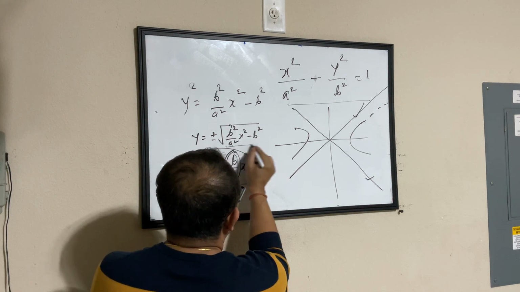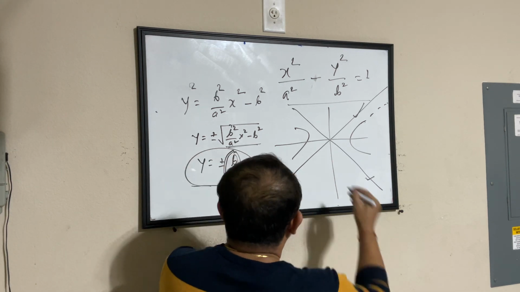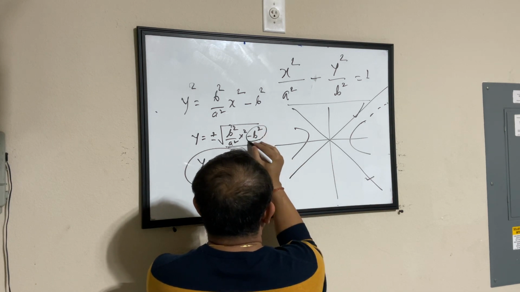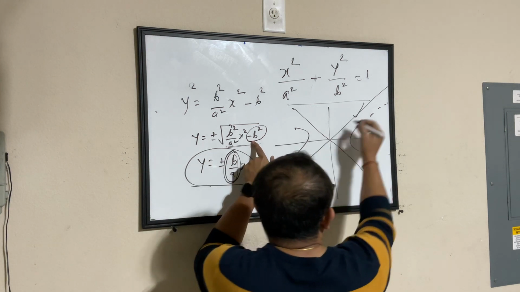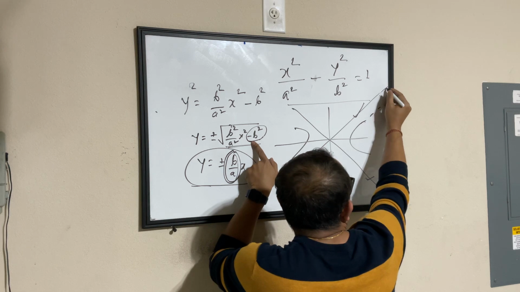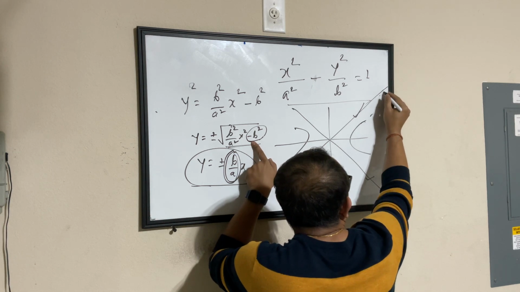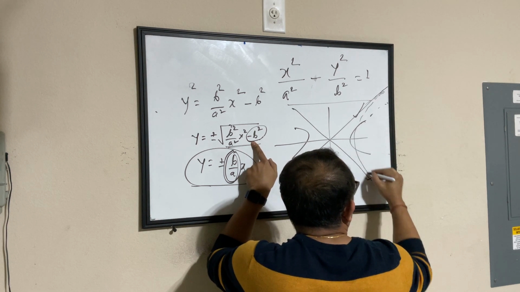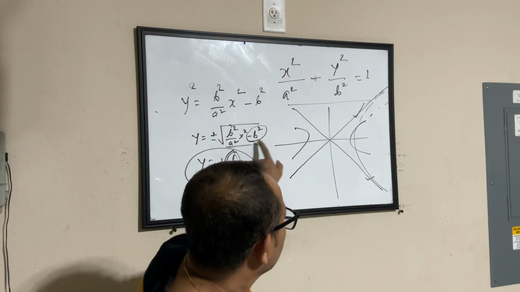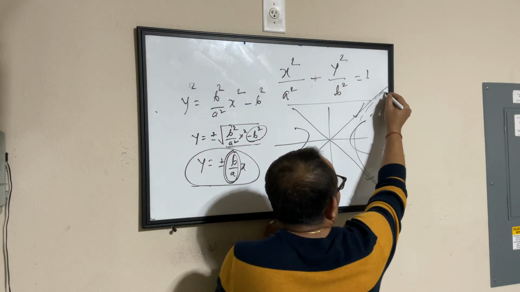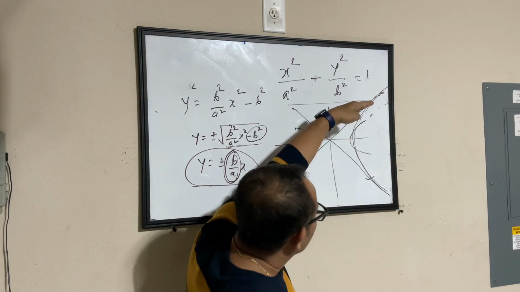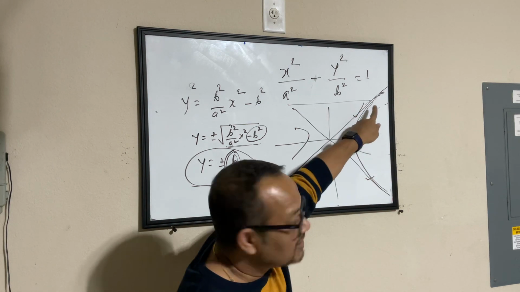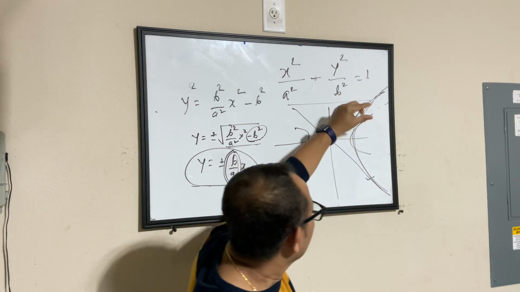Now if you look at this equation, here there's a value that is getting deducted from this one. So the y value will never touch this asymptote, but it will be slightly below this. So your hyperbola will be plotted in a way that it is very close to the asymptote, but a little bit under it.